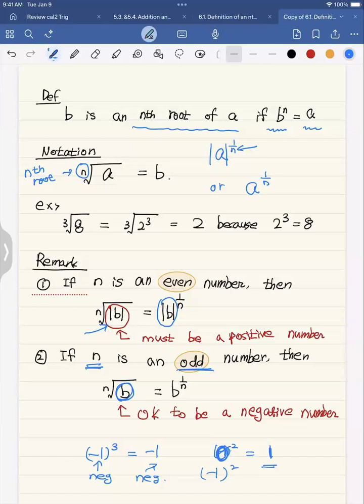So that's the reason when n is even, we put the absolute value sign, while we don't have to put the absolute value sign when n is odd.